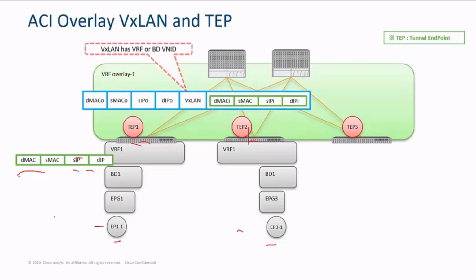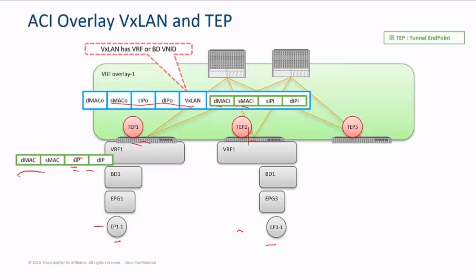Notice here, this is the original frame that I was talking about. We take that frame and add an extra header on top of it. You can almost think of the original frame as being insulated, wrapped inside an outer header.